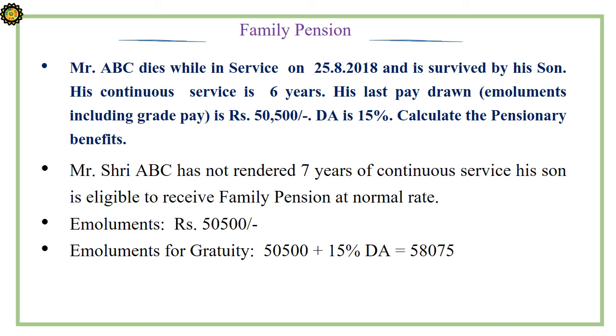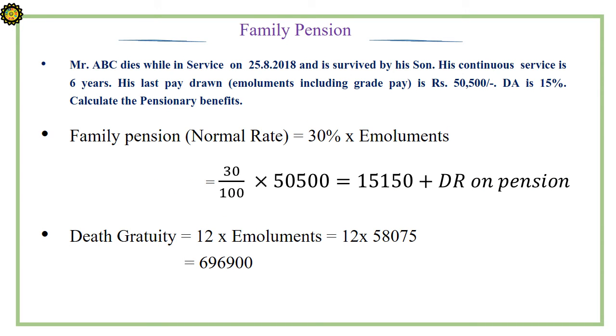Emoluments are rupees 50,500. Emoluments for gratuities: rupees 50,500 plus 15% DA, that is 58,075. Now the family pension at a normal rate is calculated as 30% of emoluments.